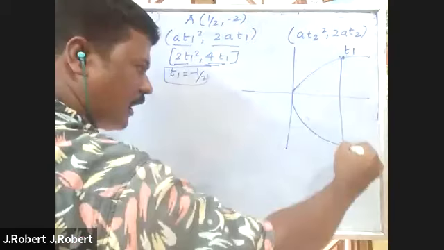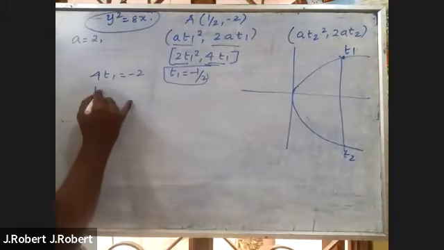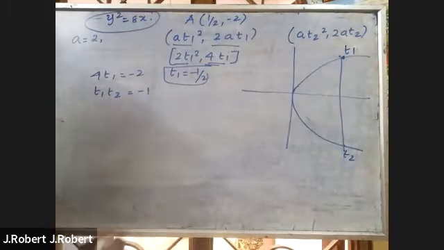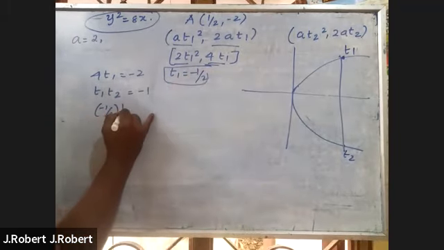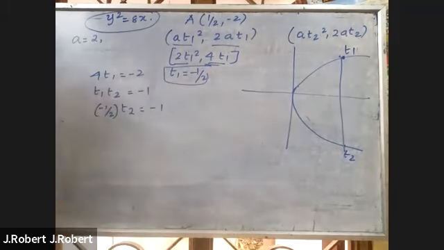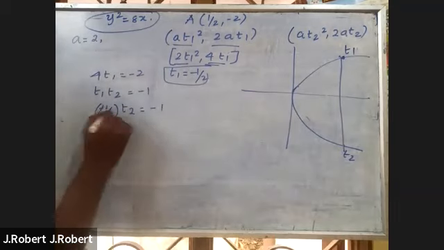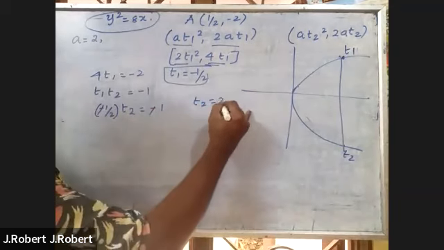Always remember that if one end of the focal chord is t1 and the other end is t2, then t1 t2 is equals to minus 1. Now t1 is minus 1 by 2. Therefore, minus 1 by 2 into t2 is equals to minus 1. From this, the minuses cancel, and your t2 is equals to 2.